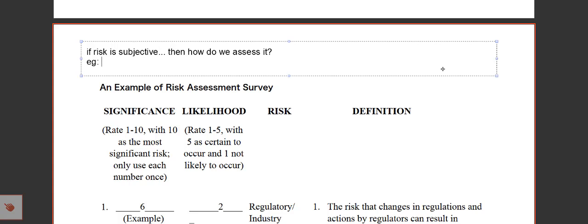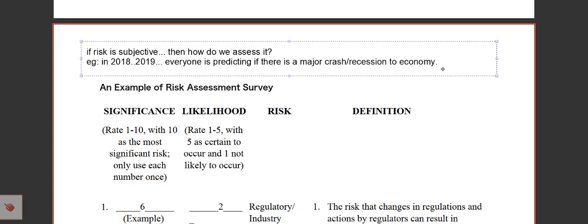Now, it's like I'm going to ask you an example. In 2018 and 2019, everyone is predicting if there is a major crash or recession to the economy. Okay, let me tell you the background.